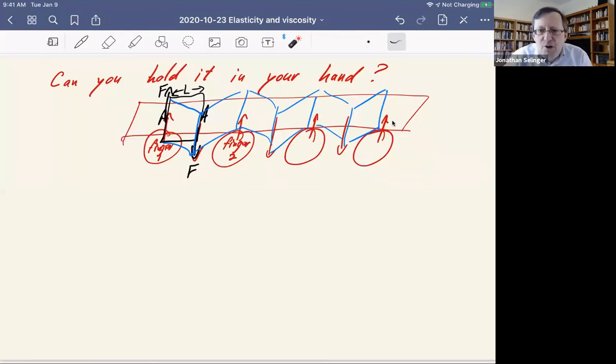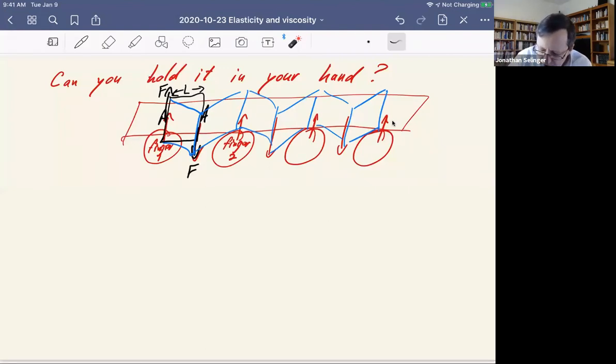So this property of having a shear modulus versus having zero shear modulus but just viscosity is a property of solids versus liquids.